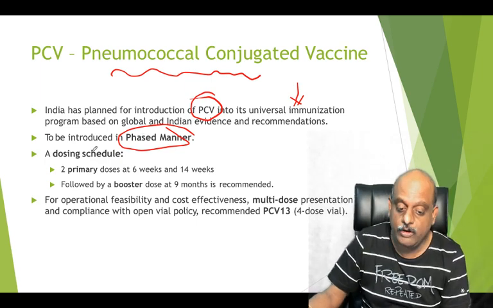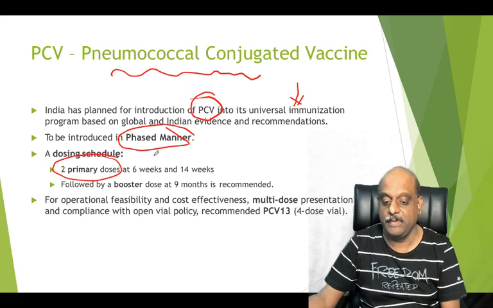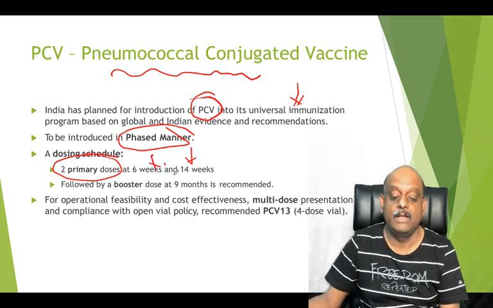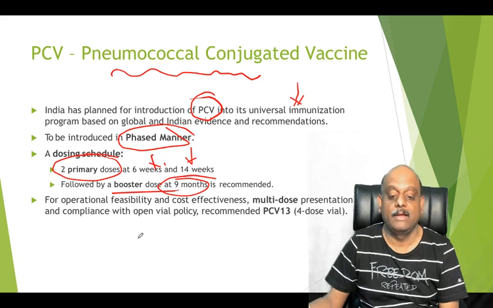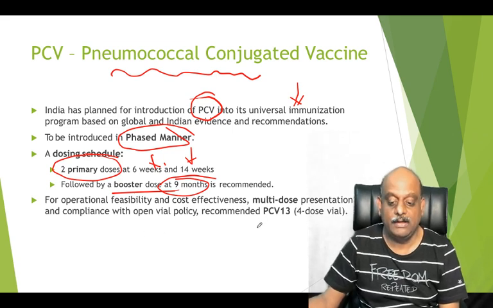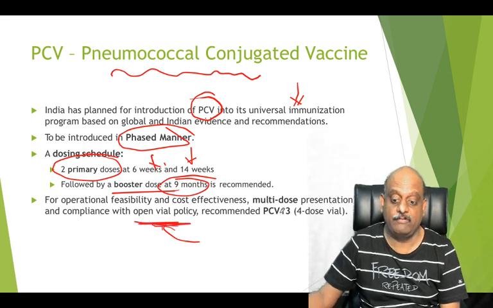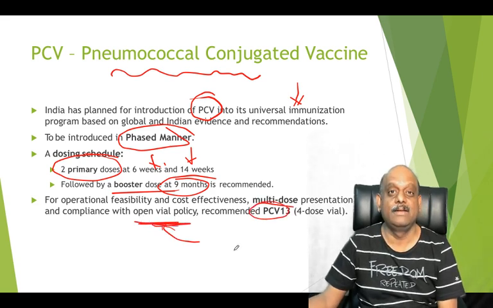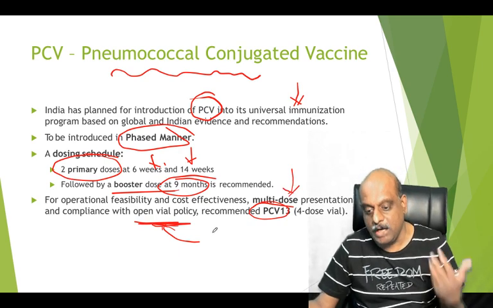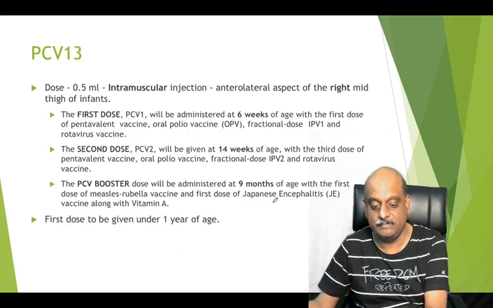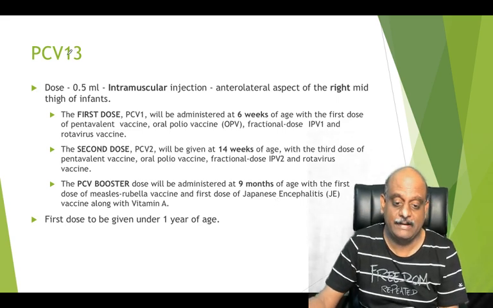Now, you have to give 2 primary doses at 6 weeks, 14 weeks, followed by a booster dose at 9 months, right? Open vial policy is recommended for PCV 13 to improve compliance, because of the multi-dose presentation and operational feasibility.